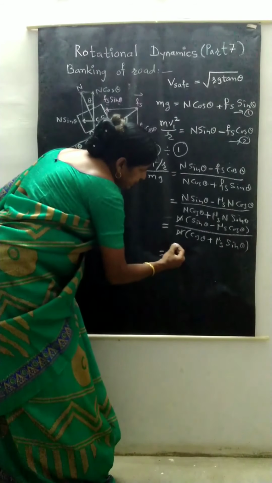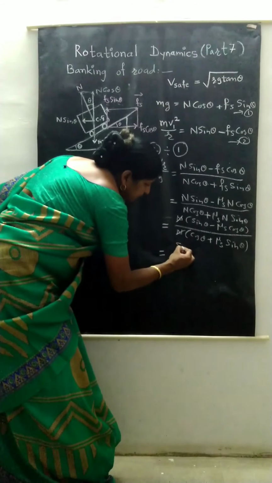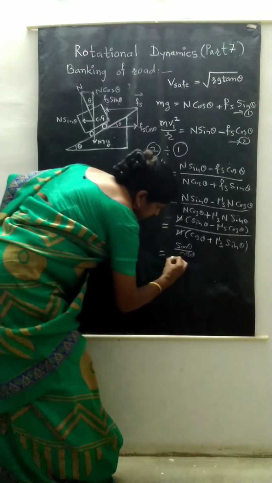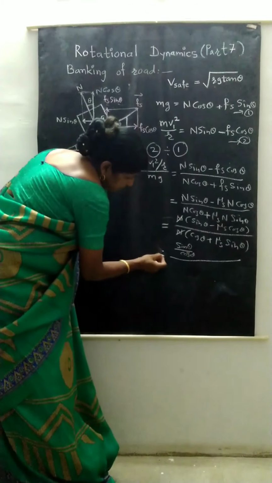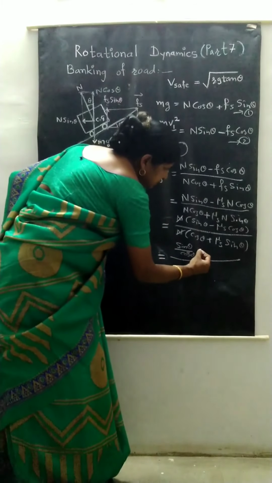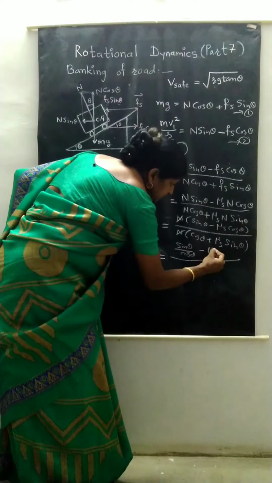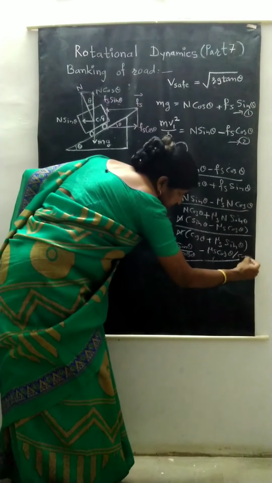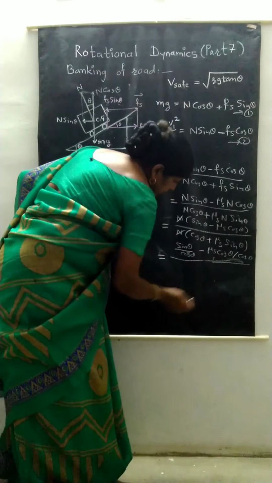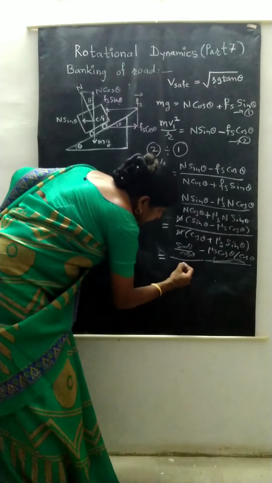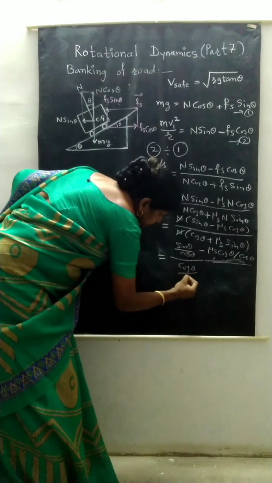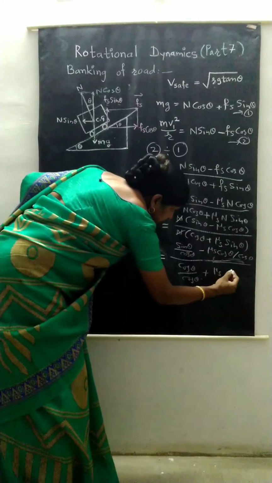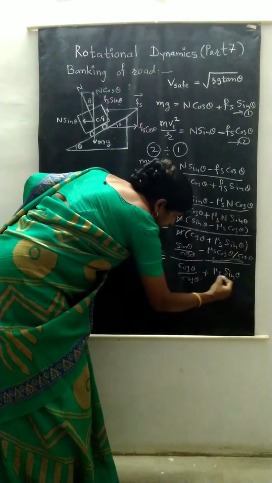So we shall get sin theta upon cos theta minus mu s cos theta upon cos theta, divided by cos theta upon cos theta plus mu s sin theta upon cos theta.